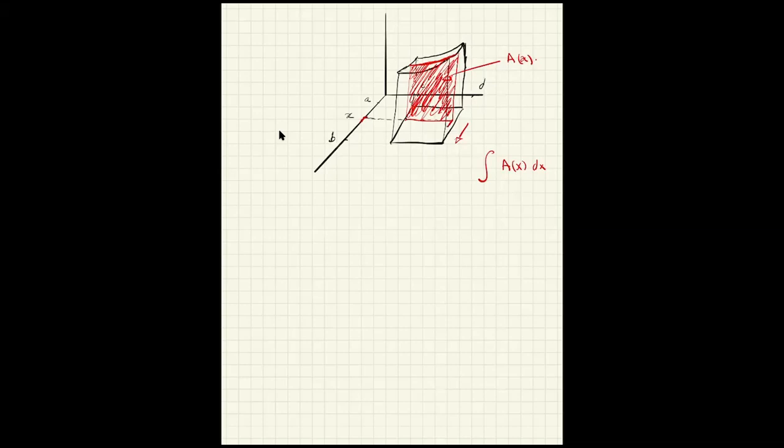We do this for every x: you fix x, you do it, you fix x, you do it. So you can add up all of these volumes. That's another way to compute the volume of this solid here.